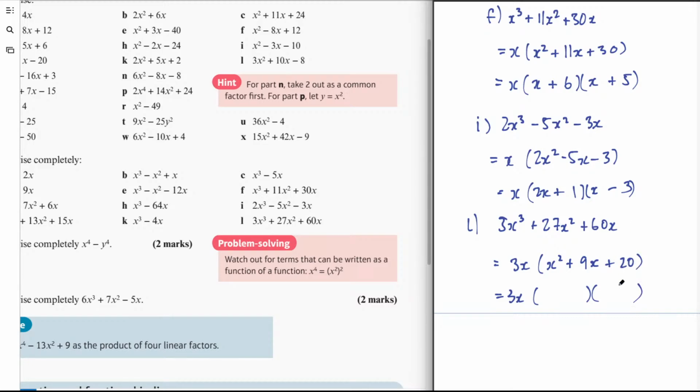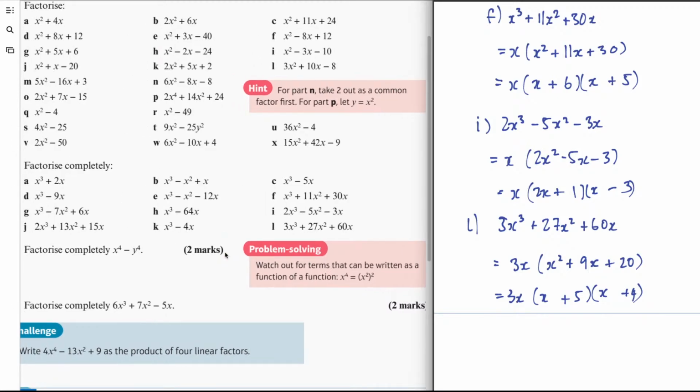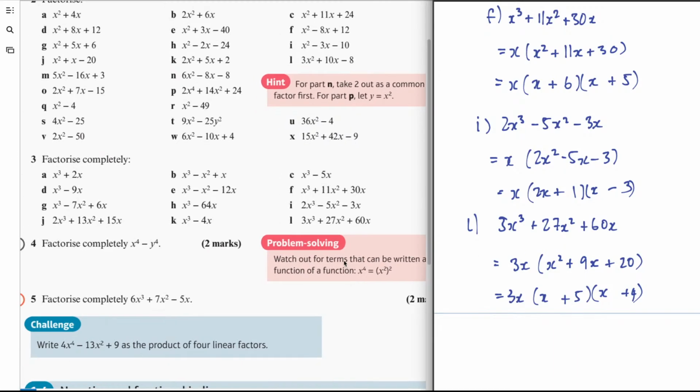Factors of 20, 10 and 2, 5 and 4 make 9, so I'll go with 5 and 4. Okay. Alright, so there we go with factorizing some cubics. First we took out the common factor and then we factorized the quadratic.